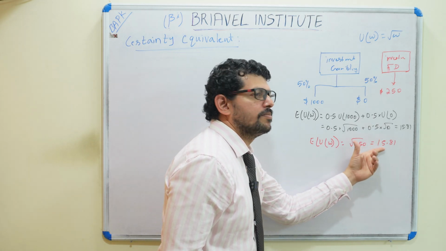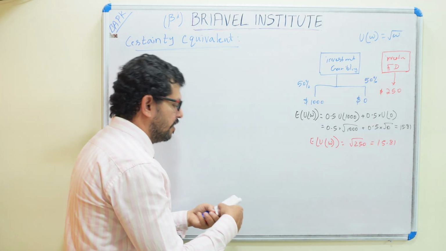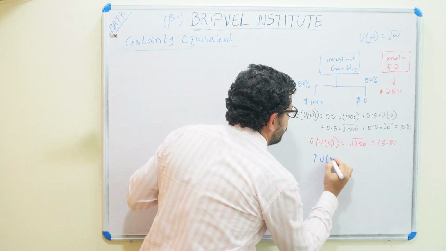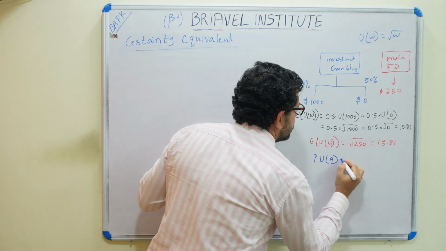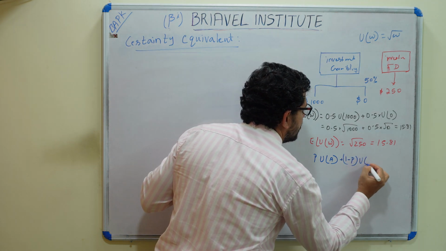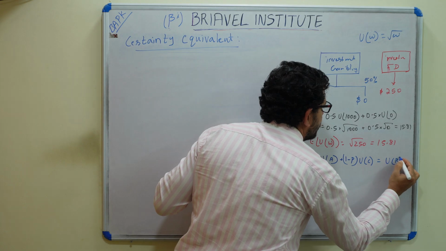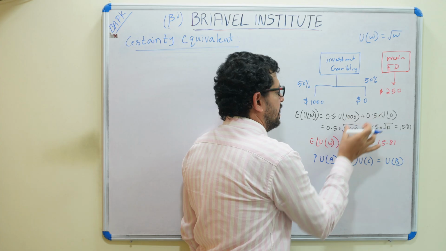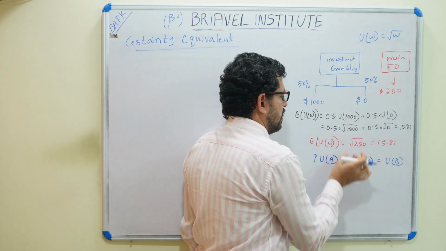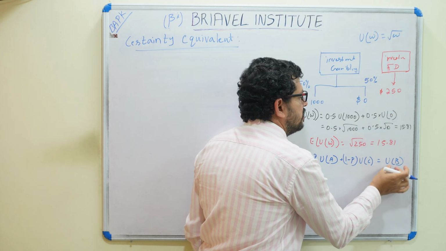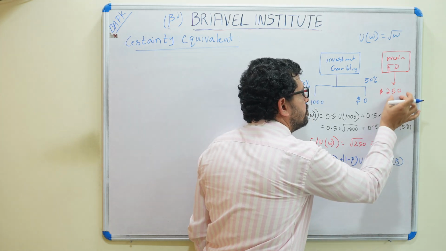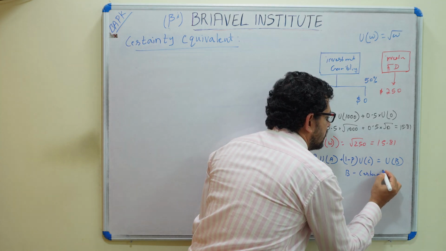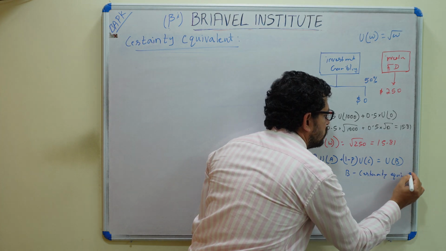These both are equal, so I can write the equation: P times U of A, this outcome, plus 1 minus P times U of C, is equal to U of B. Here I wrote the utility of A as 1,000, and 1 minus P times the utility of C, and it is equal to root B, this option. So this B we can call the certainty equivalent investment.